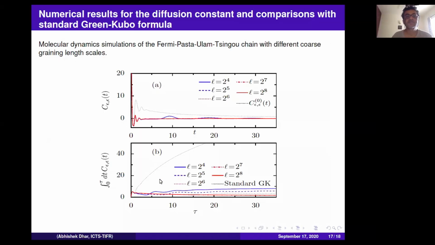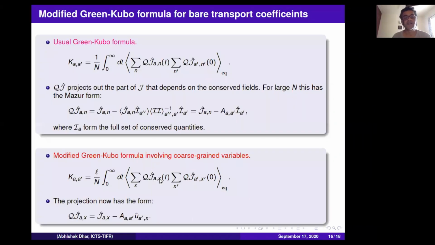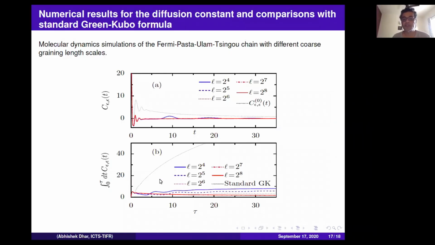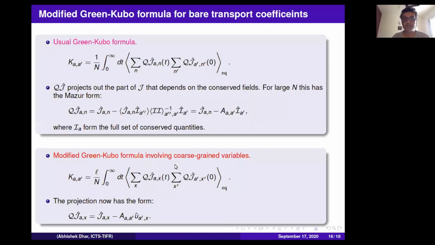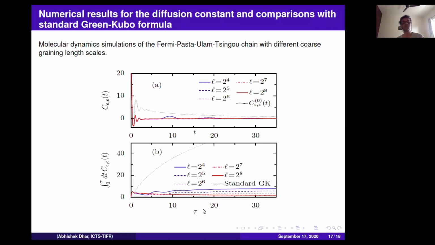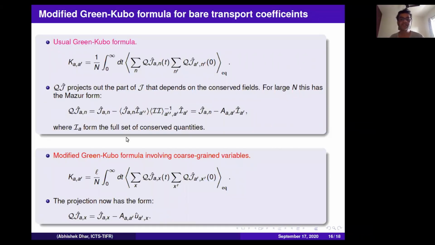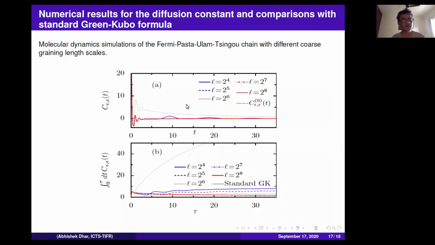I'll just show some numerical results. There's a coarse-graining length L, and using that you have to evaluate this quantity. For the Fermi-Pasta chain, if you do a molecular dynamics simulation and compute these objects, then you find that if you use the standard Green-Kubo, the current correlation, this dotted line, is a slowly decaying function, and the integral diverges.